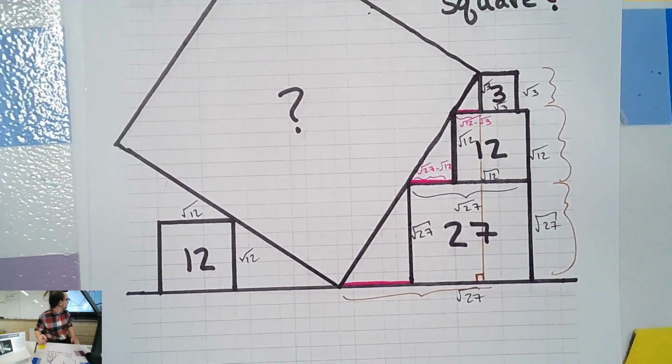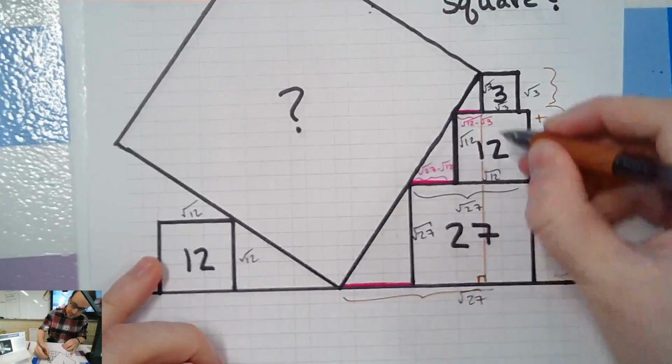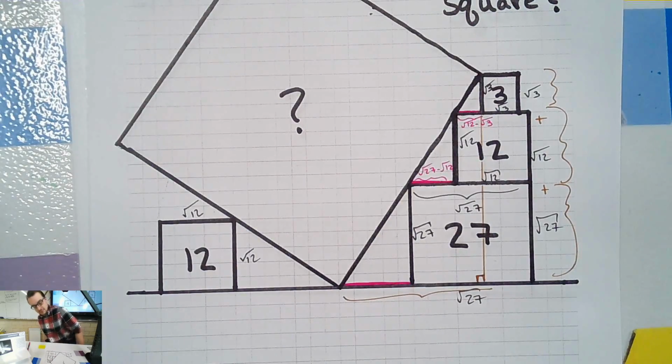So all those added up get us the height of this triangle. Cool. Anything else we can get?